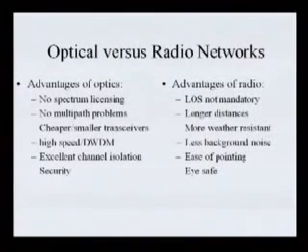Now, the advantages of radio: line of sight sometimes is not mandatory, but for the purpose of this talk, when we talk about radio, it'll be line of sight primarily. It can achieve longer distances. It's more weather resistant. If you have free space optics, effectively the link will be out if there is fog or mist.